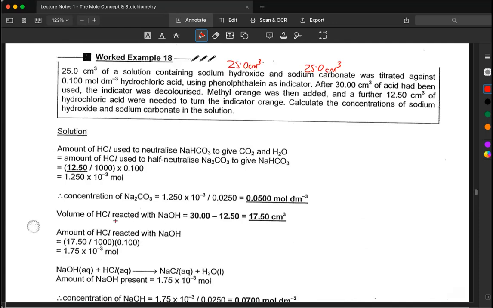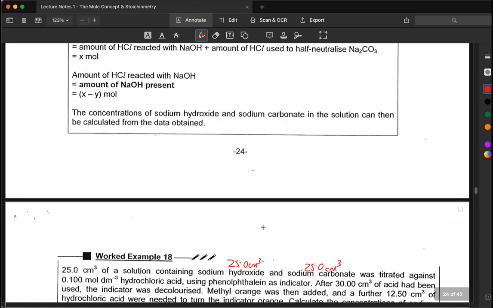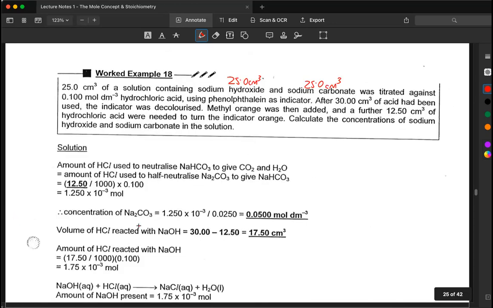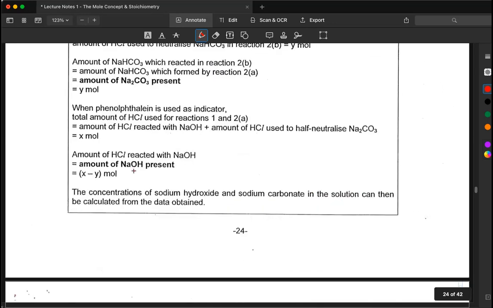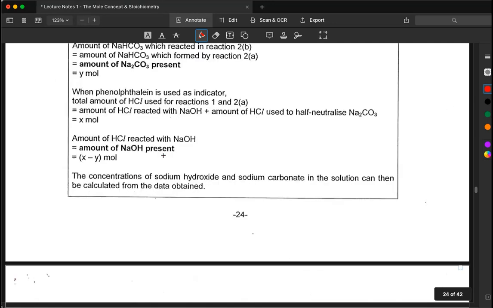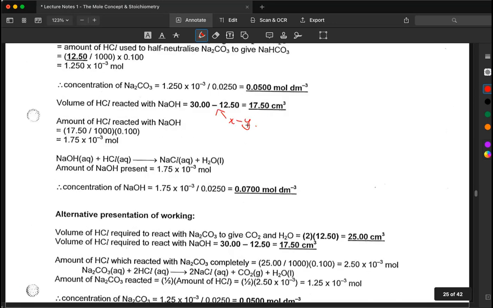The volume of HCl that reacted with NaOH will be 30 minus 12.5, because the 12.5 is used to react with the X minus Y, in terms of volume.